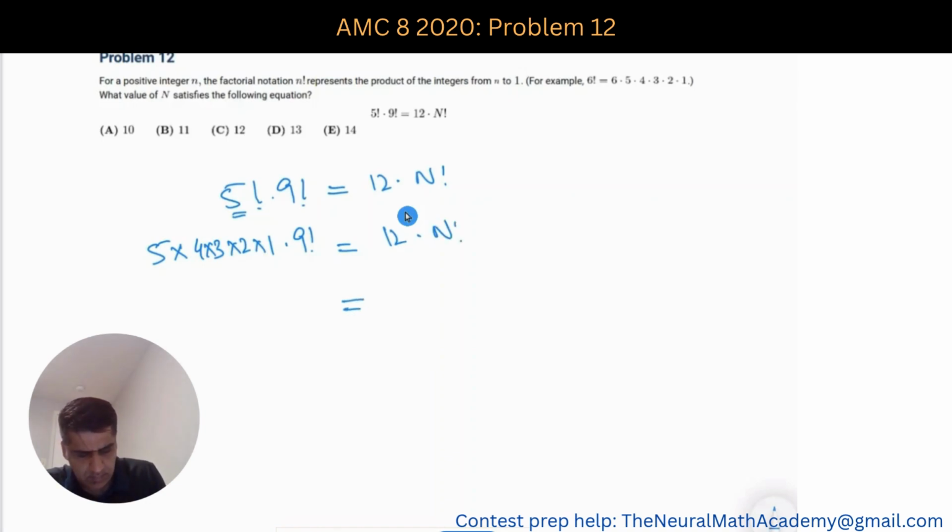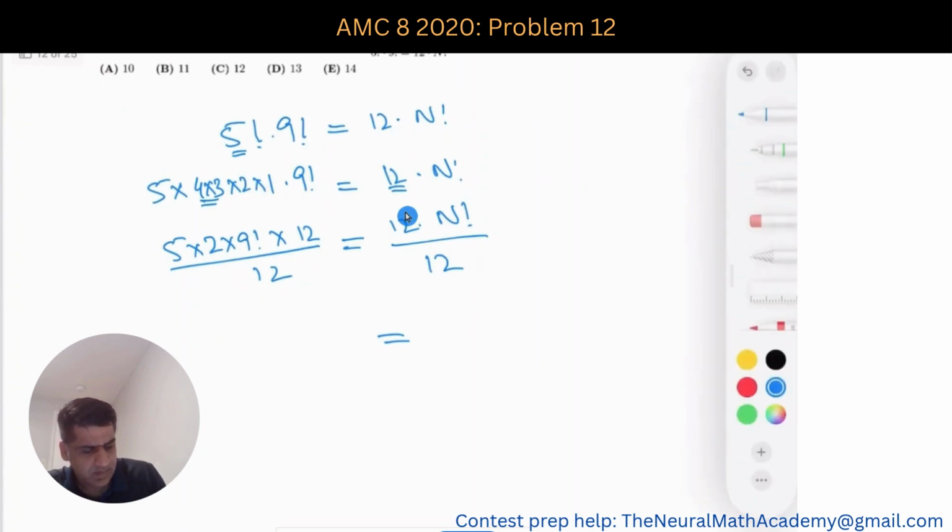So now from here I can see that this 4 multiplied by 3 and 12 are equal, so I can divide both sides by 12. So I can write it then 5 multiplied by 2 multiplied by 9 factorial multiplied by 12 divided by 12, and here I can do again the same thing, divide by 12.